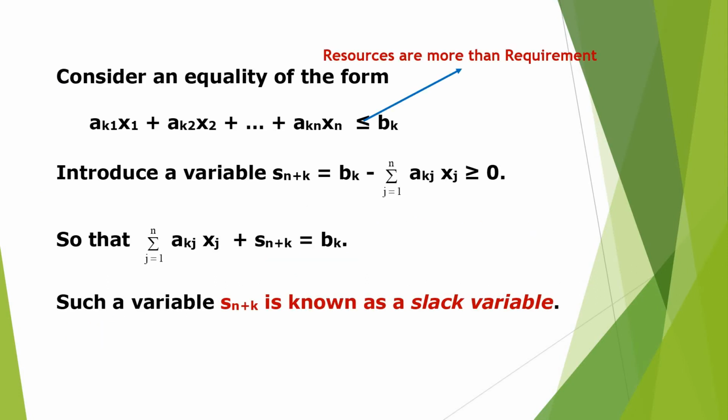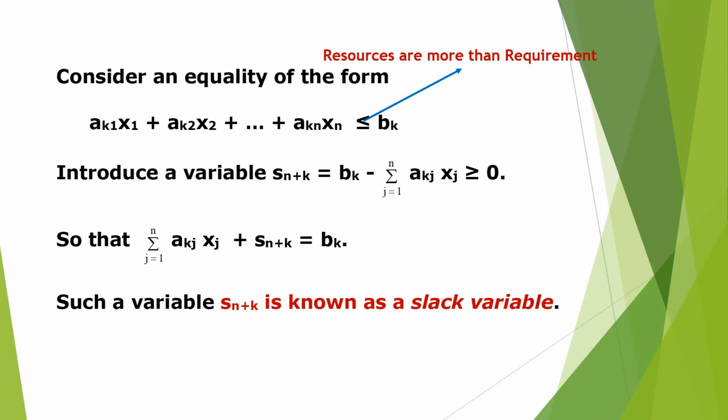Consider an inequality of the form ak1 x1 plus ak2 x2 plus akn xn less than or equal to bk. But when you have a constraint of the type less than or equal to, what exactly is the physical interpretation? That is, you have resources more than requirement. So in that case, we will introduce a variable Snk, which is equal to Bk minus sigma j running from 1 to n Akj xj, and obviously the slack variable should also be non-negative.